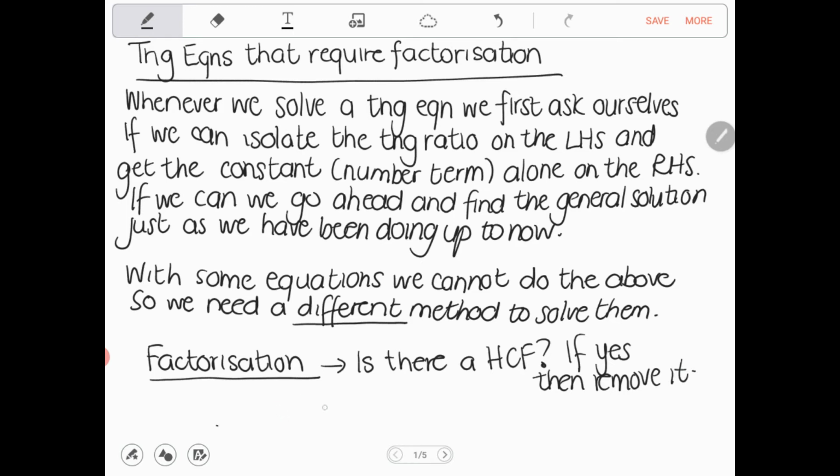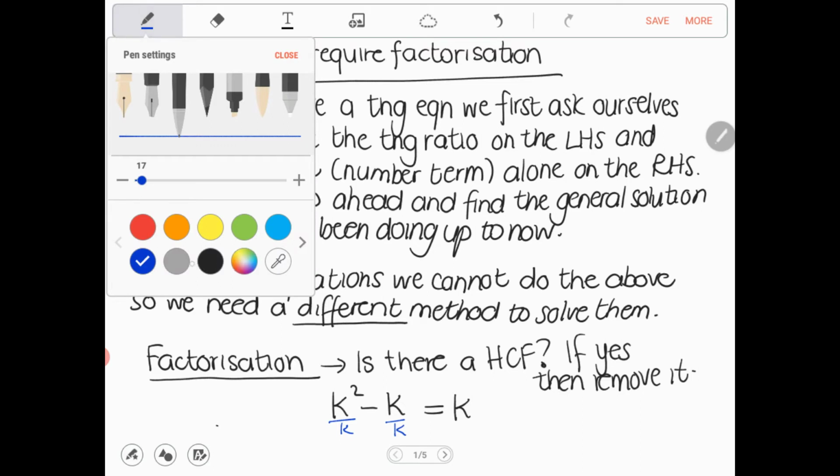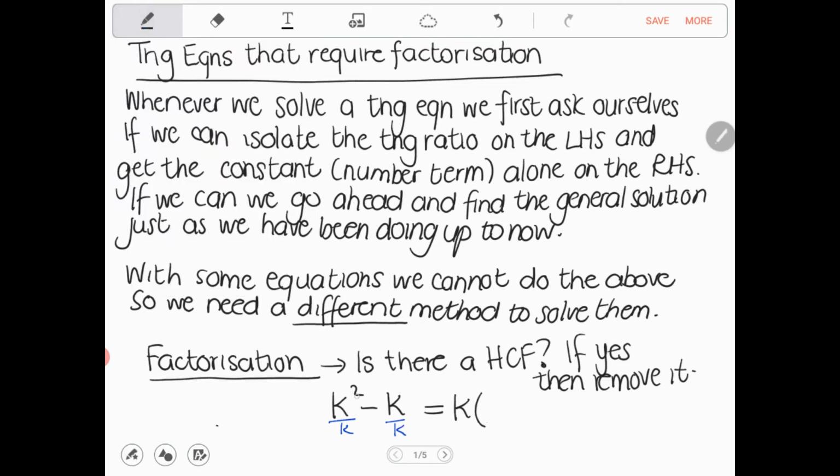So like if I had k squared minus k, I would take out a common factor of k. And then remember, when you're taking a common factor out, you're actually dividing it back into each term to find out what we need to put in our bracket. So we're going to have k minus 1.